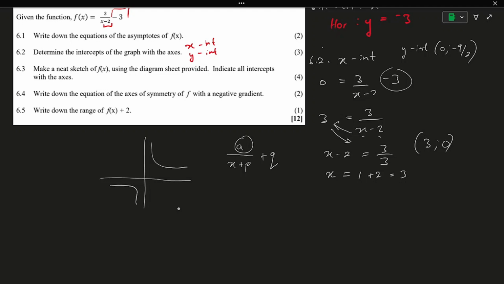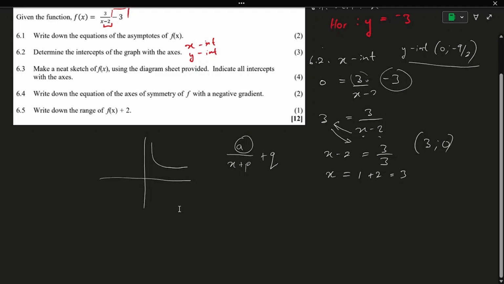So in this case, our a is 3, and I moved the y-intercept to this side so that I can draw this function right here. So our a is positive because this is the positive 3. So it means we expect our function to be in the first and third quadrants, right?